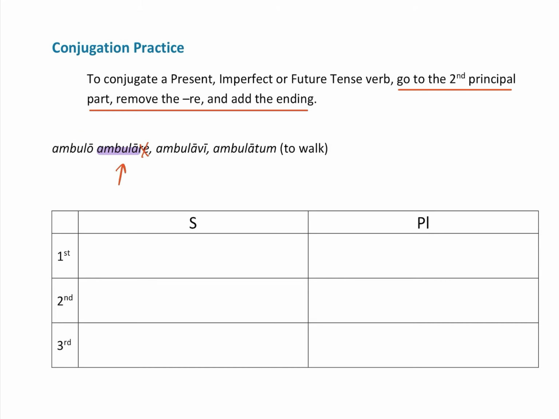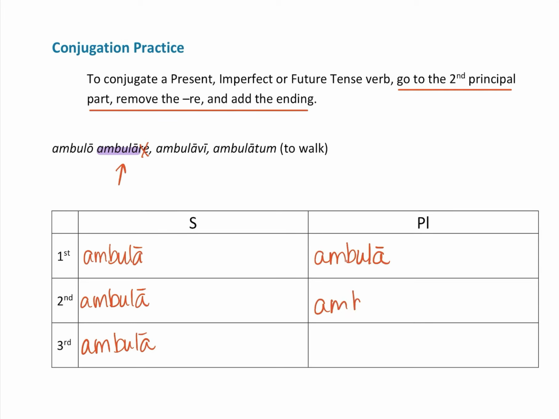In every single one of these, the easiest thing to do is just to write ambula under each one of them. You're going to do it a lot in your homework, but it'll get really natural to you after a while. Once the stem is written down, all you have to do is add the endings.